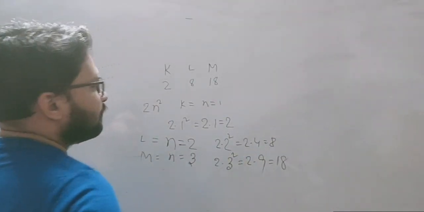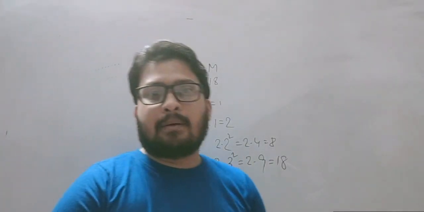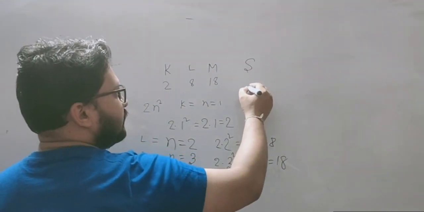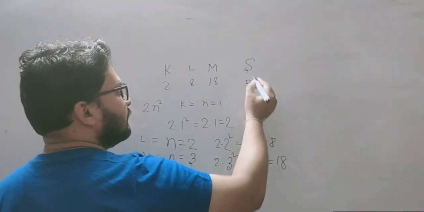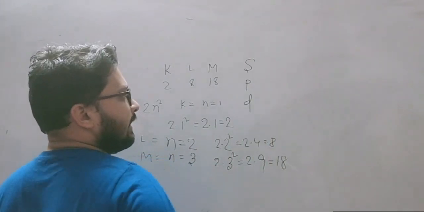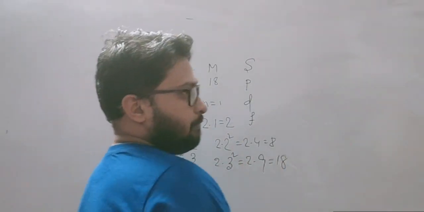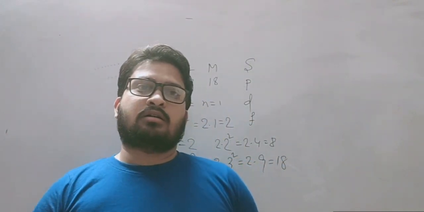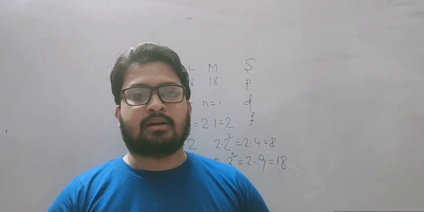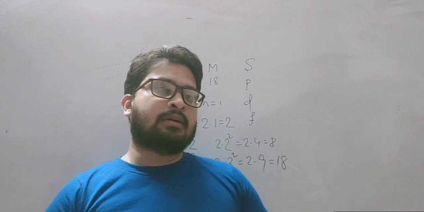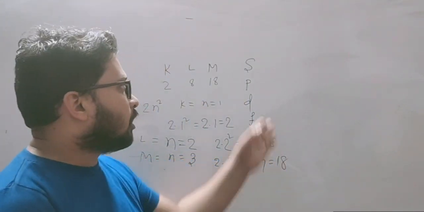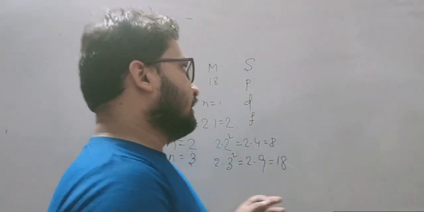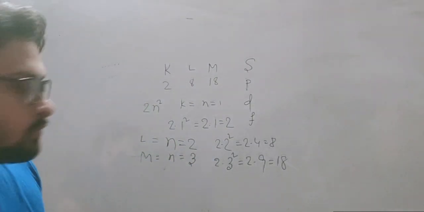For this reason, we have to know about the subshells, that is denoted by S, P, D, and F. So this video is to learn how to fill up the electrons with the help of SPDF. Okay, let's see.